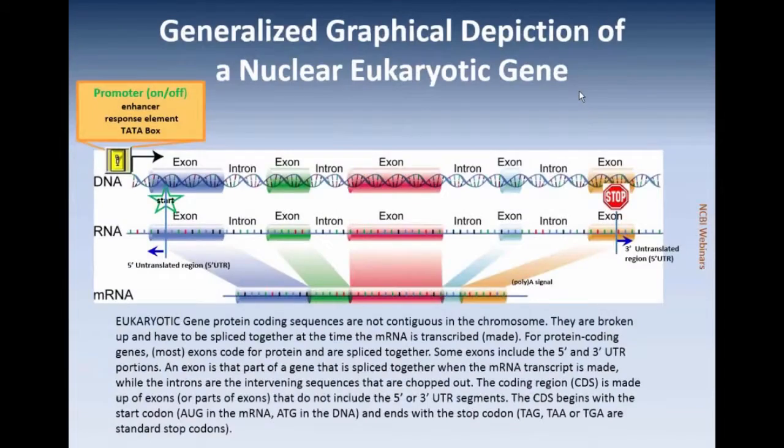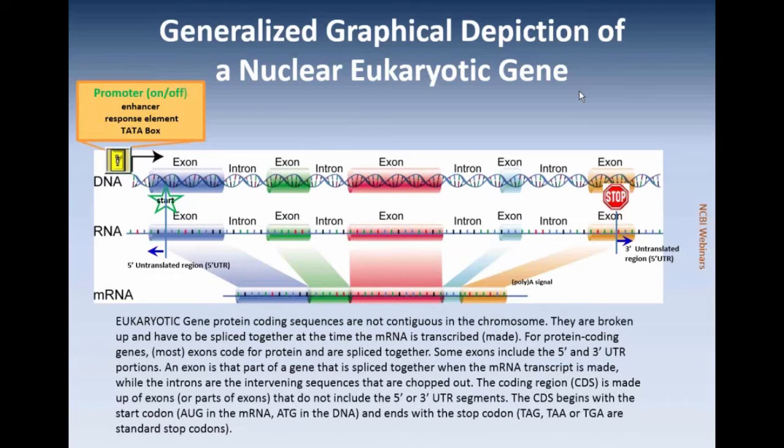Our new biological concept for today's webinar is the structure of a nuclear eukaryotic gene. And the fact is that many eukaryotic genes, not all, but many, are broken up in the sense of the parts that comprise the messenger RNA, or they're not continuous in the DNA sequence.